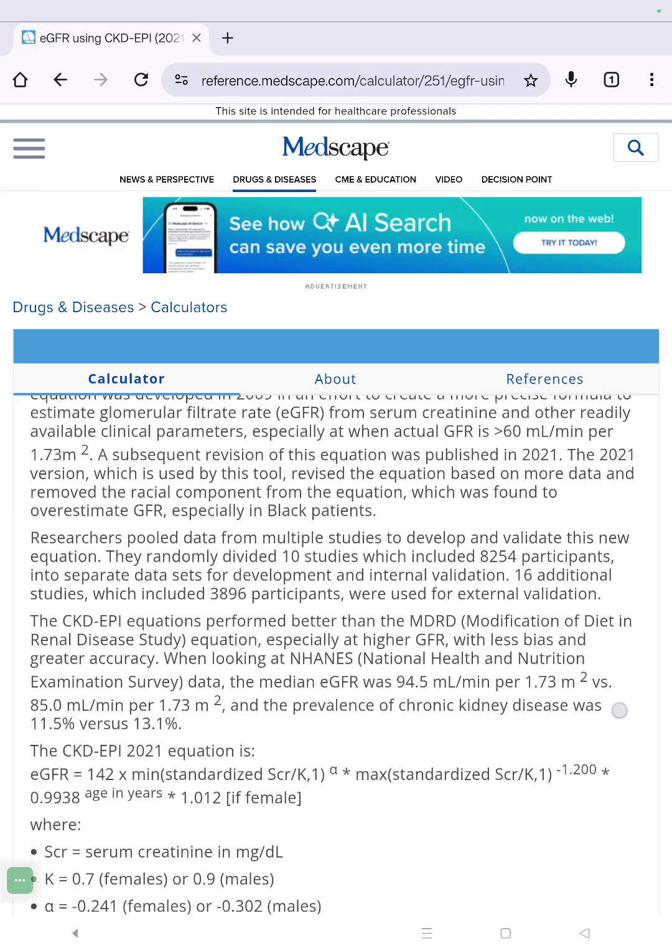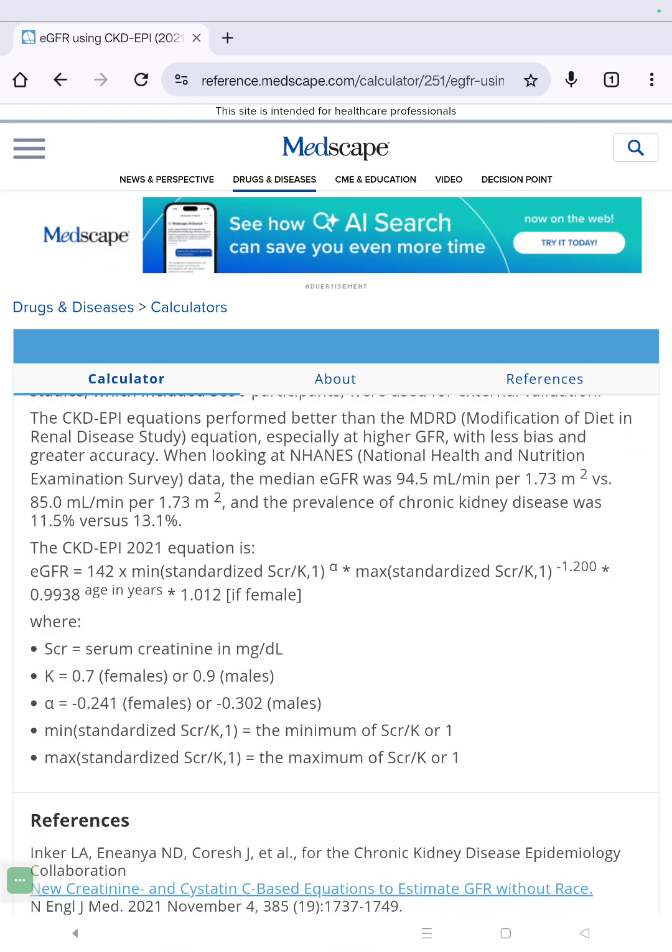The final equation is eGFR equals 142 times the minimum of standardized serum creatinine divided by K, raised to the power alpha, times the maximum of standardized serum creatinine divided by K, raised to the power minus 1.2, times 0.9938 raised to the power age in years, times 1.012 if female, and not to multiply this 1.012 if it's a male patient. And this helps us to calculate eGFR properly.